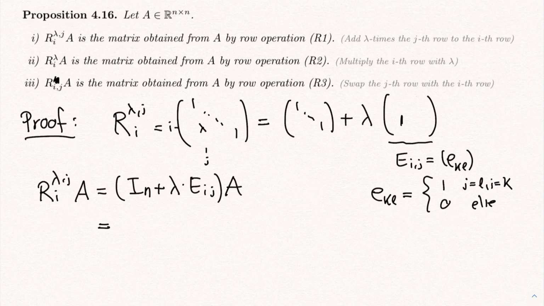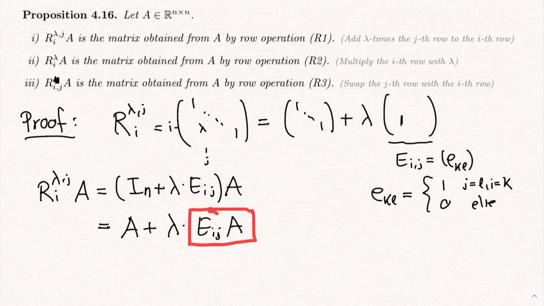So in other words, this is A plus lambda times Eij multiplied with A. And now what we want to show is that if I multiply the matrix Eij with A, what I get is just the jth row of A, but now in the ith row.